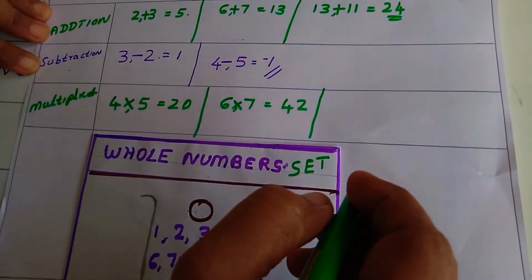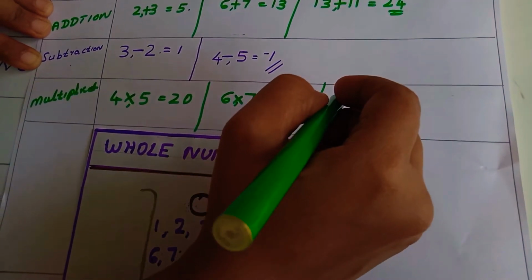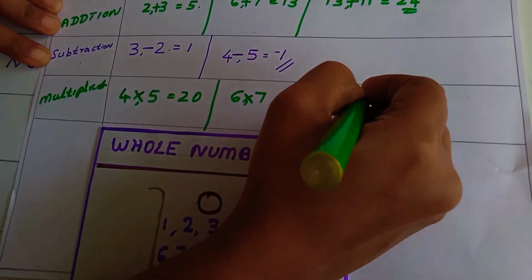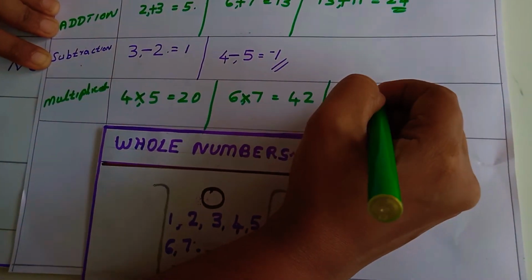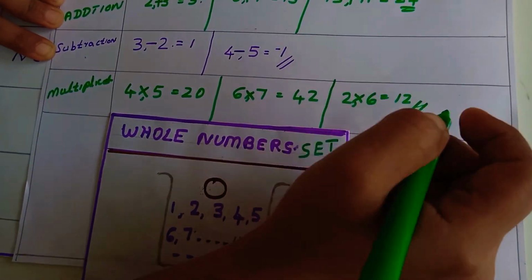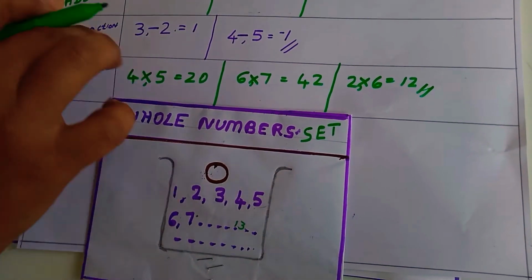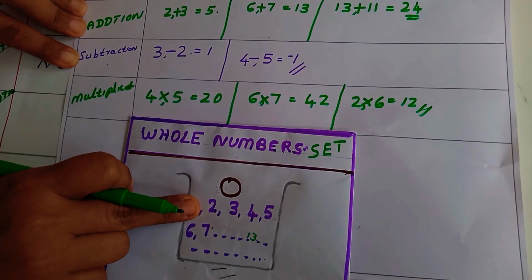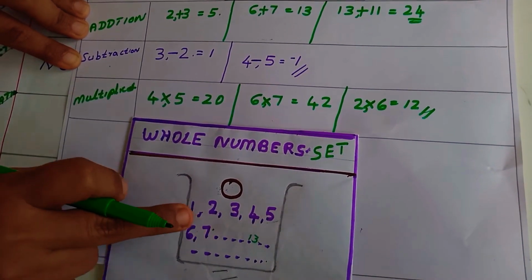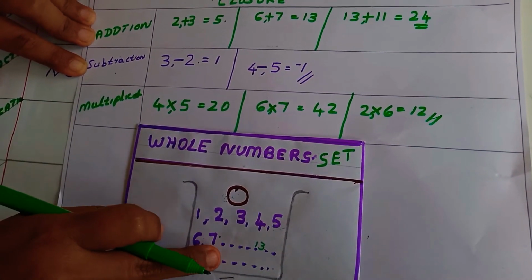Again take 2 and 6. Just do the calculation. Calculation is multiplication. 12. Answer is again there in the same set. So if you take any numbers from this whole number set and multiply, you will get the answer in the same set.